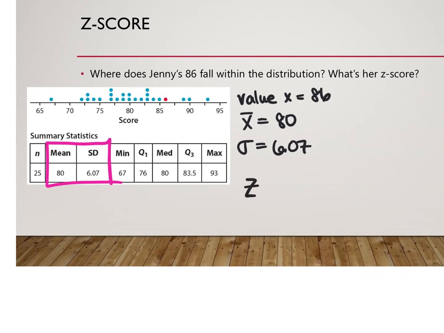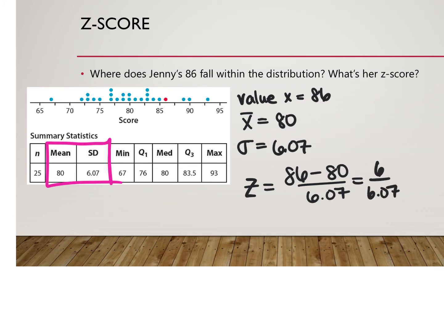So my z-score calculation, am I going too fast? Okay, the z-score is the x value, which is Jenny's score, minus the mean of 80, divided by the standard deviation, 6.07. Remember that you have to do the numerator first and then divide, so 6 divided by 6.07.